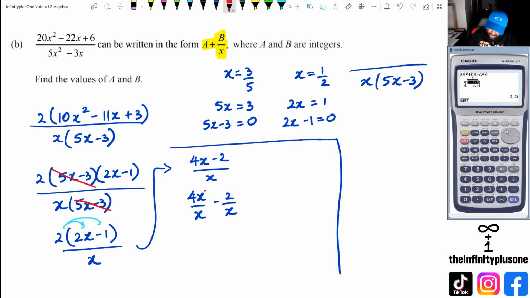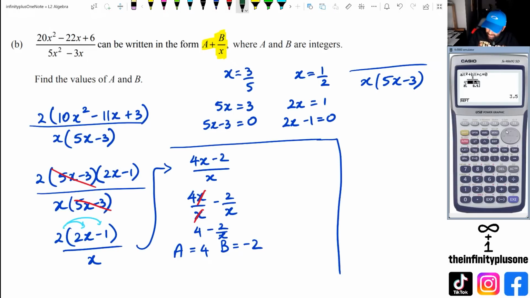Now I can cancel out my two x's, and from here I can see that a is equal to 4 and b is equal to minus 2, because now I've written it in the format of a plus b over x. Sorry, I should have put this like this: 4 minus 2 over x.